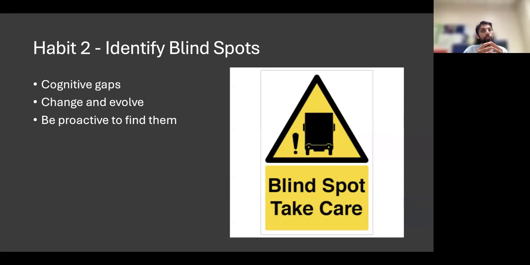Therefore, if something's always moving, it's just a bit like swimming, right? You have to keep moving your arms and legs to stay afloat. Likewise, the cognitive gap, blind spots, will move around. I'll give you an example.